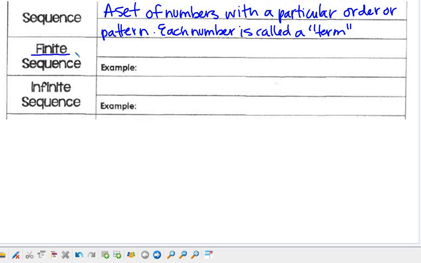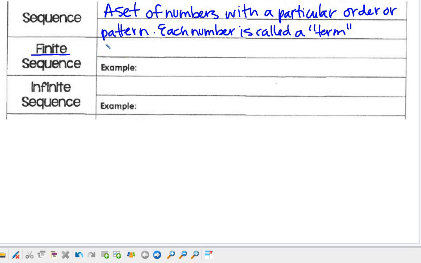So a finite sequence, notice it's not infinite. A finite sequence means that it has a limited number of terms. A lot of students tend to think of finite as, oh, it's like 5, it's like 10. But finite just means that it is countable, but large numbers are countable. So it could have 1,000 terms, it could have 100 million terms, but it does have an end at some point.